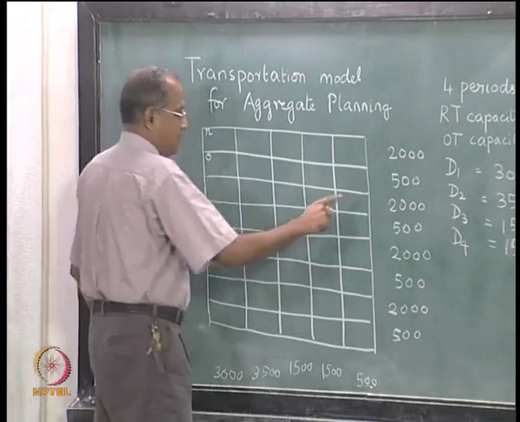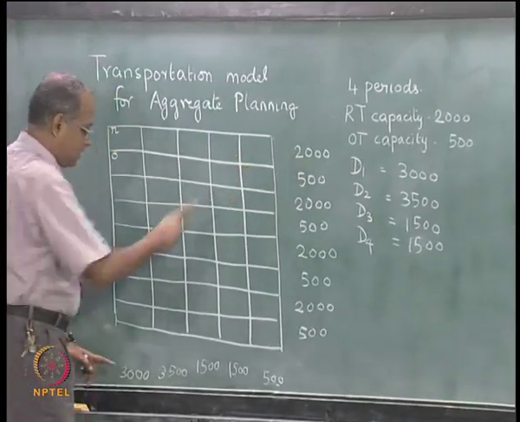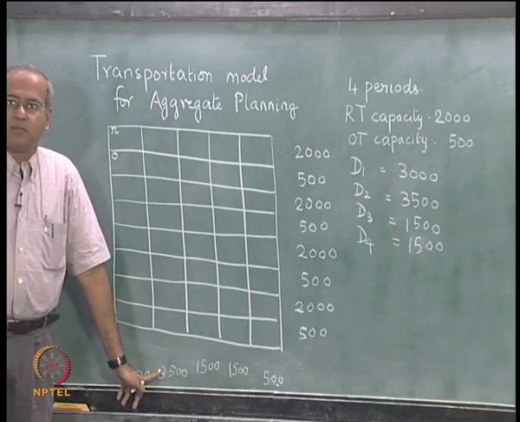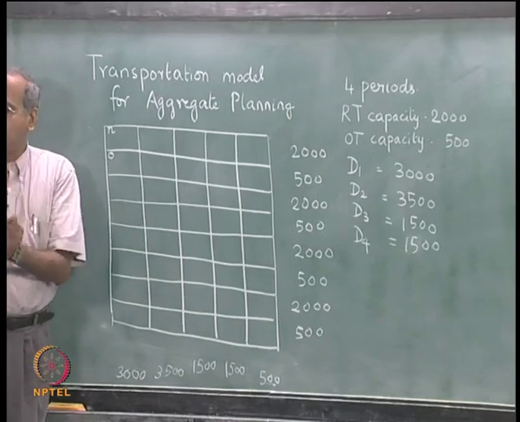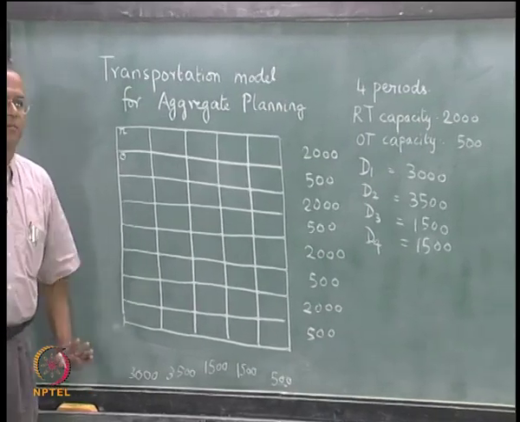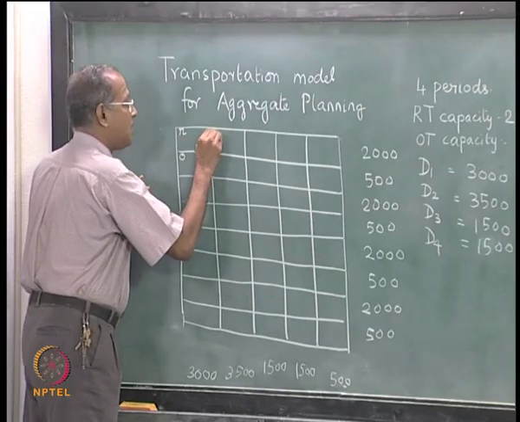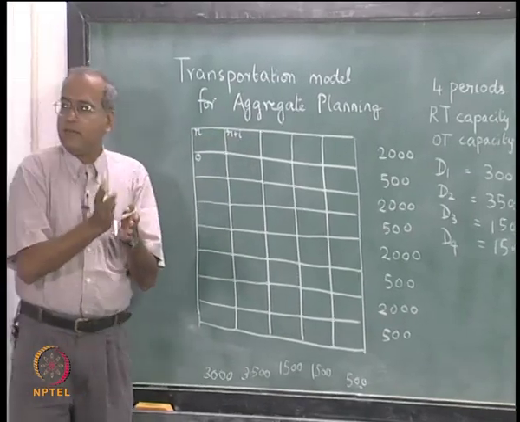If I use the first month's regular time production to meet the second month's demand, it means I am producing it in the first month and holding it in inventory for 1 month so that I can meet the second month's demand. So the cost becomes R plus I, where I add 1 period inventory cost.